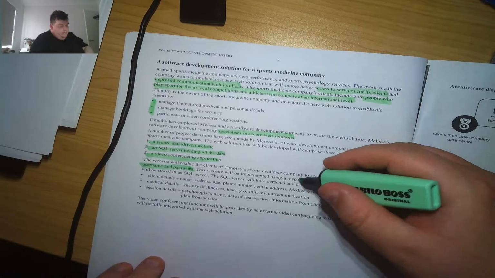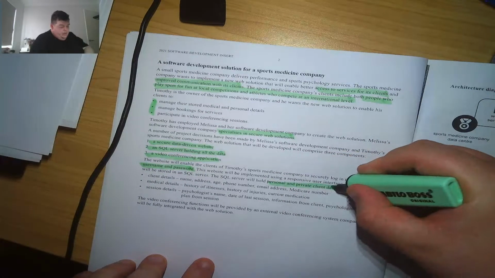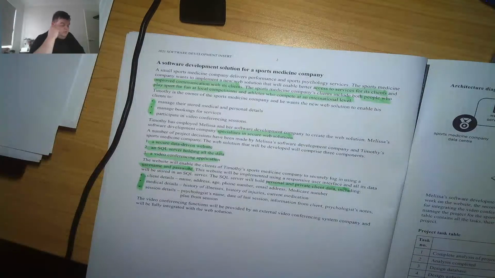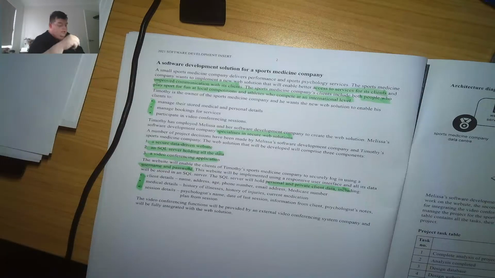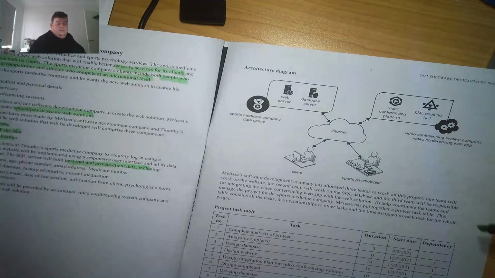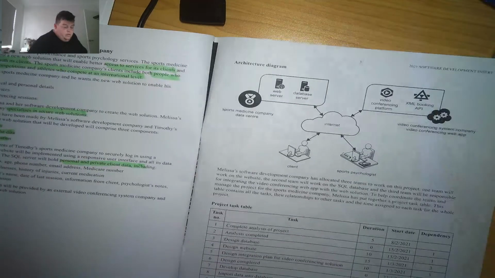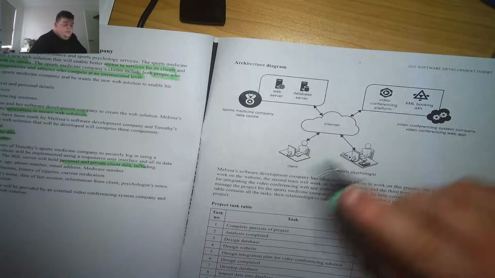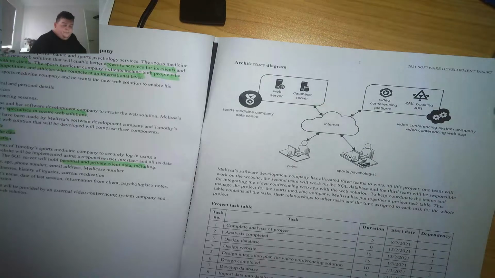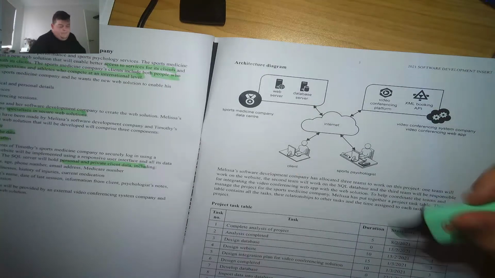It will hold personal and private data. Video conferencing function will be provided by an external conferencing system company. Okay, so that doesn't seem to be as important. So this is the architecture diagram of how it's all going to work. We've got a client, the psychiatrist, the company, and the external video app.